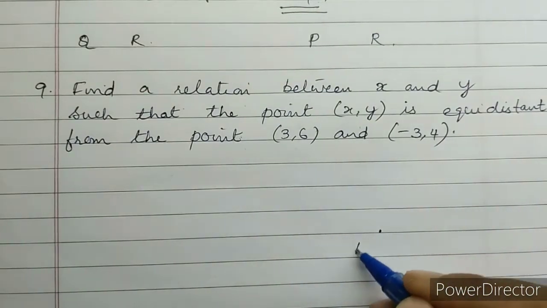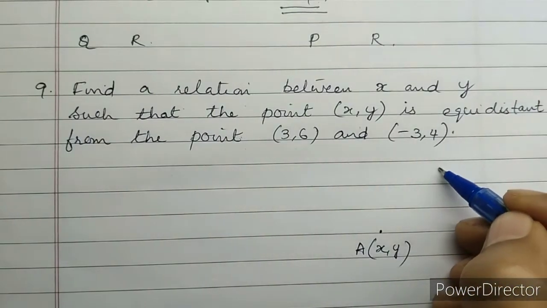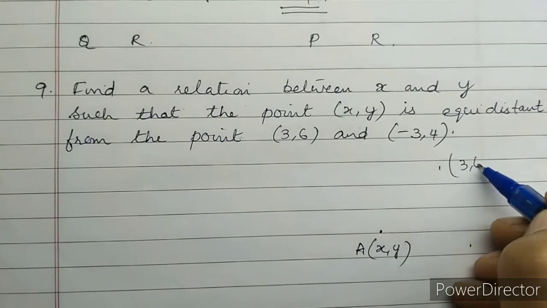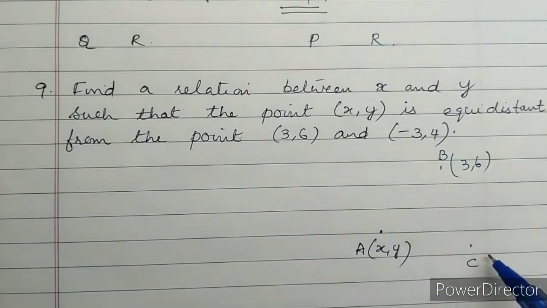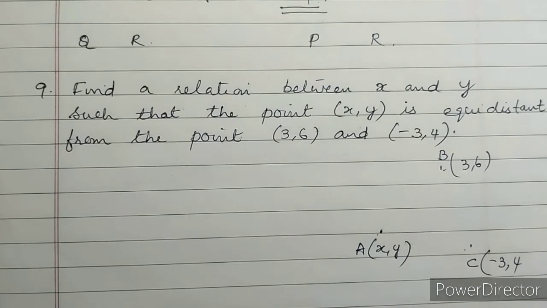You name it as A, x, y, and the other 2 points equal distance from A, that is 3, 6, you can write it as B, and this you can write it as C, minus 3, 4. So AB and AC are same distance. So join AB and AC.